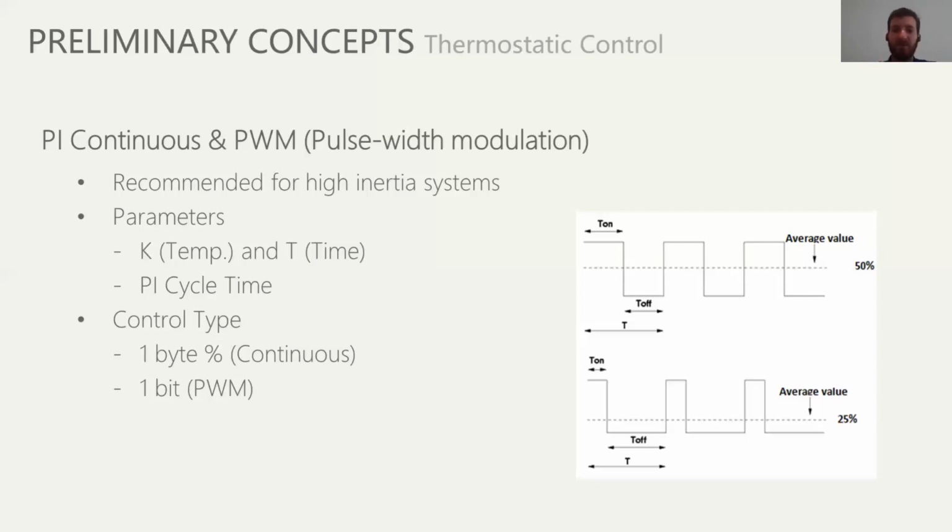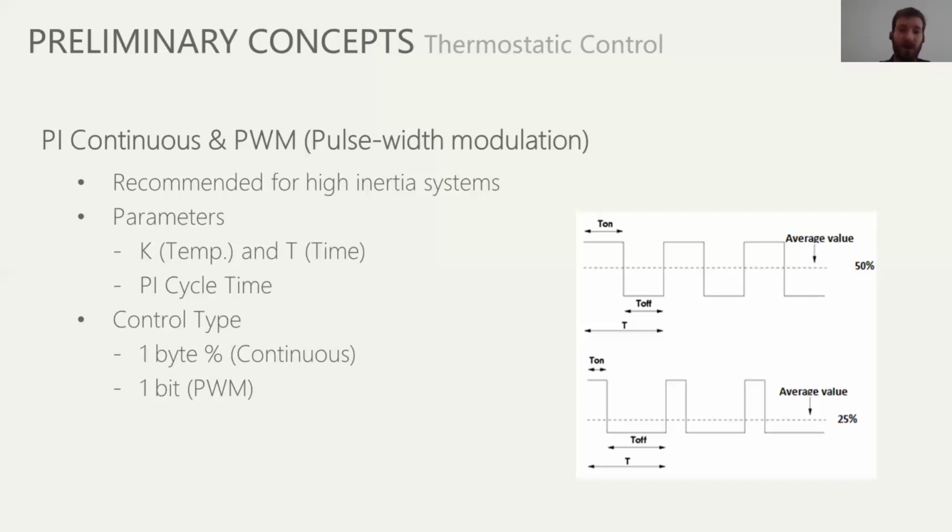But ideally, if the valve is 20% open, that's 24.7 degrees in the floor, and that's 23 degrees in the room. So ideally, in a world where there are no external factors, with a PI continuous, you would have a 20% open valve all the time. And that's where the PI continuous is actually useful.